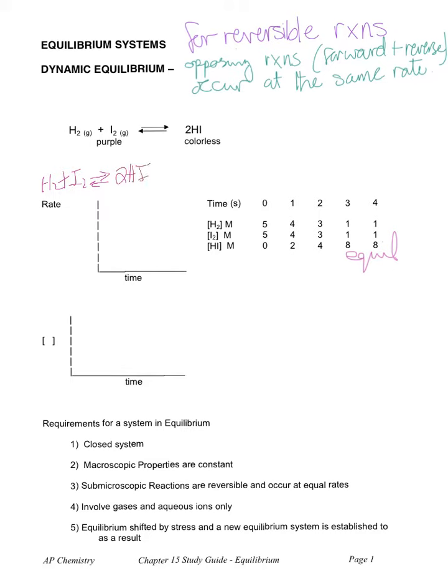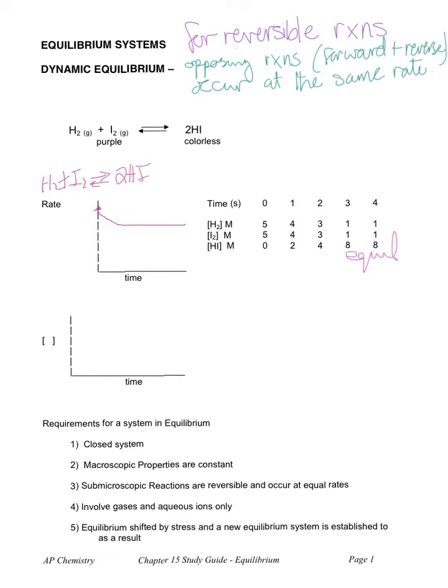That starts out pretty high because all I have is reactants, so they're going to react together. As time goes by, I have less of my reactants, so it's not going to go as fast. There's going to be less collisions between these to form the HI. So as time goes by, the rate of the forward reaction is going to decrease. It's going to slow down. The reaction starts pretty fast, and then it slows down.